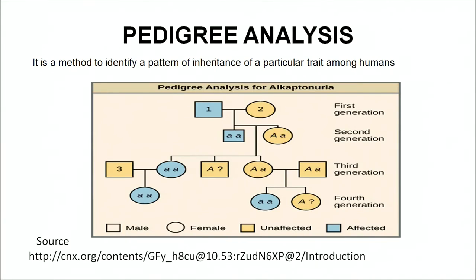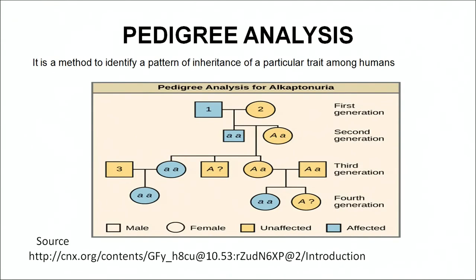As you can see in this diagram, the square represents the males and blue represents the affected males, meaning they are suffering from alkaptonuria, and the circle represents the female partner, and yellow color shows that the individual is not affected.